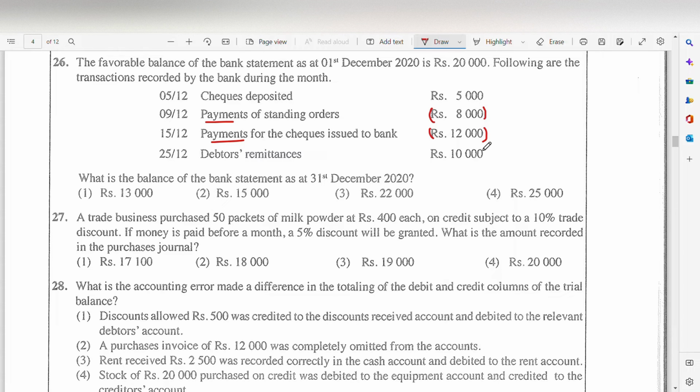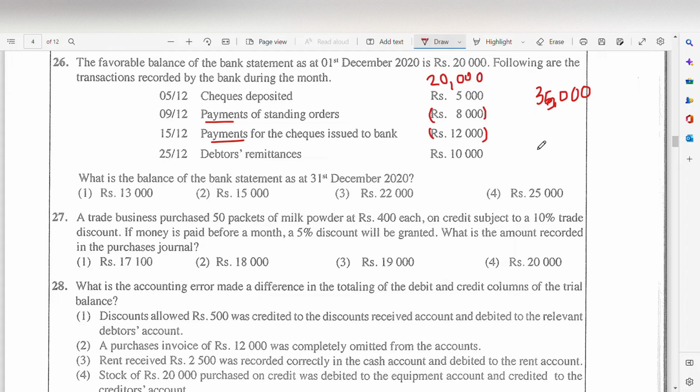They are asking you, what is the balance of the bank statement as at 31st December 2020? So at the beginning you had an opening balance of 20,000. 20,000 plus 5,000, 25,000. 25,000 plus another 10,000, you have a total cash inflow of 35,000.